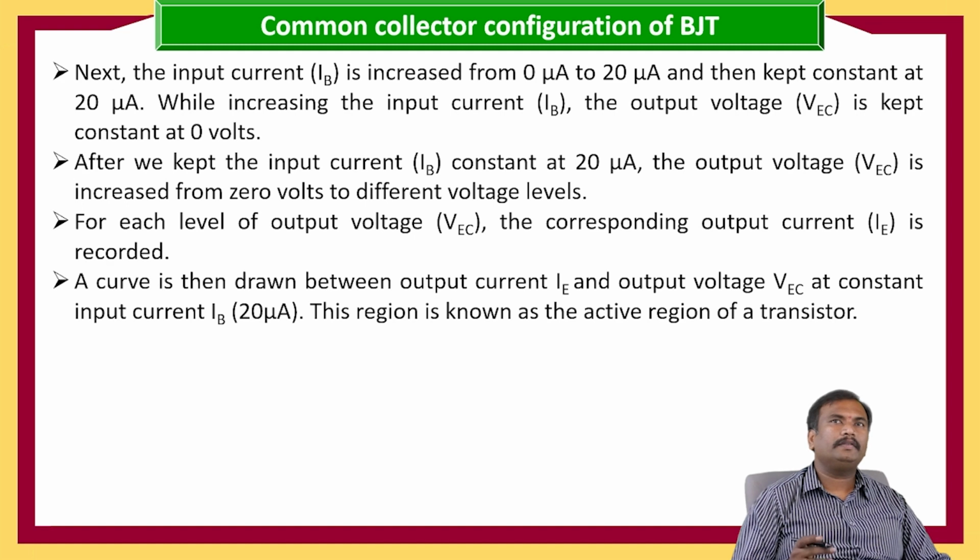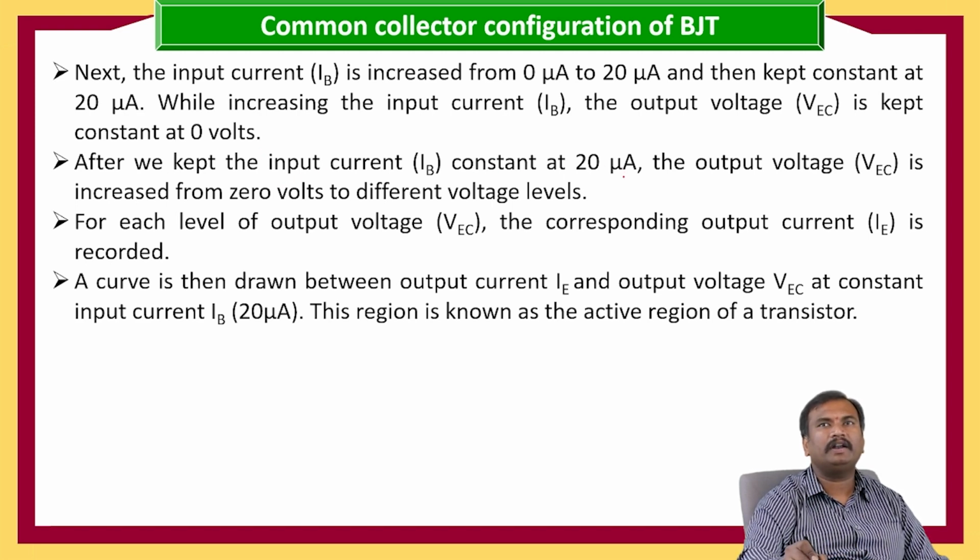After this region, this will go into active region because it will be having the constant value throughout its operation. And here, the input current is increased from 0 to 20 microamperes, and we are going to keep it constant at 20 microamperes. While keeping the input current constant, the output voltage is increased from 0 volts to different voltage levels.